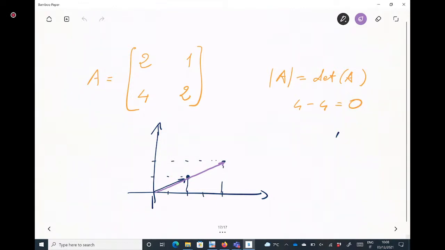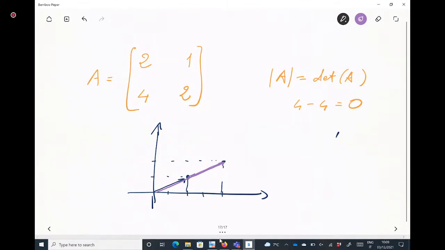The geometric interpretation reflects the fact that the determinant is zero in this case, okay? So what is the area here? You should close your parallelogram in this way, but it is just a line. A line has zero measure in the plane, okay, zero area. So it is zero. So this is one interpretation of the determinant.